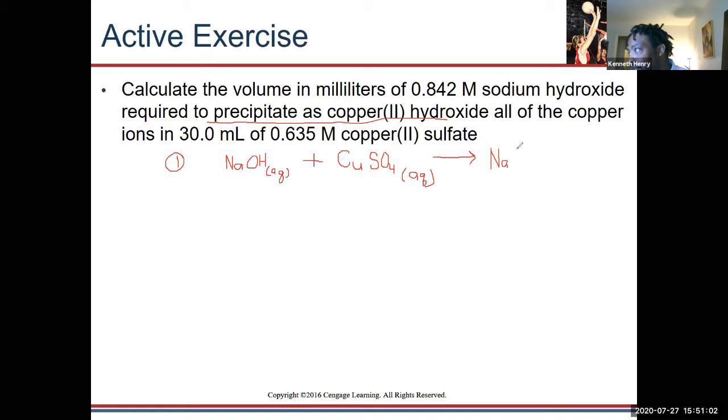Is that the right number of Nas? Na2. Okay. And we know that anything in group 1 is going to be aq. That's a q, it's not a g. I don't know what I was thinking.